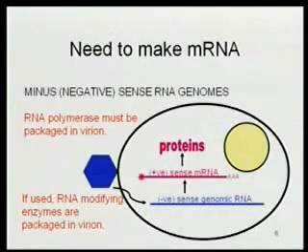But one thing is, if you don't provide capping, methylating, and polyadenylating enzymes, those modifications on the RNA are there for various purposes. Some of those purposes are important in efficient translation and in stability of the messages.